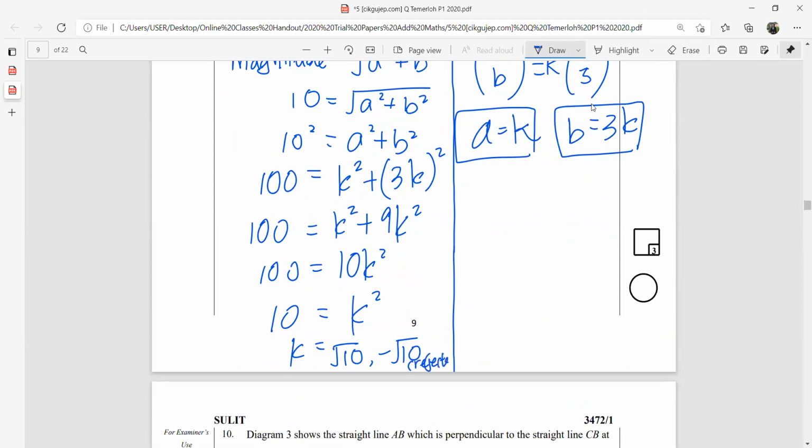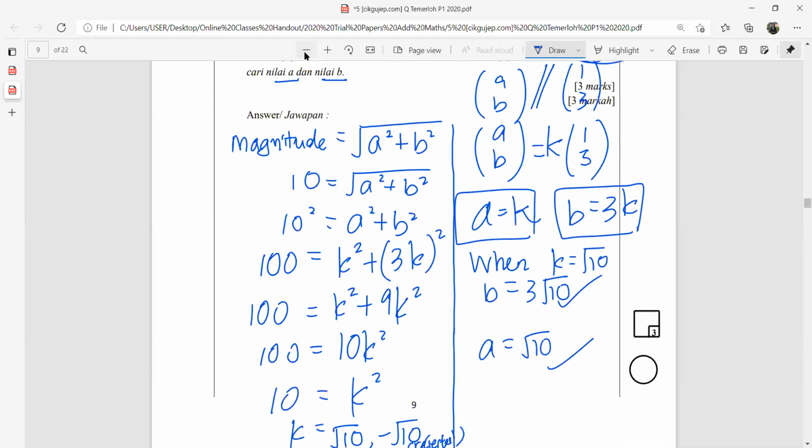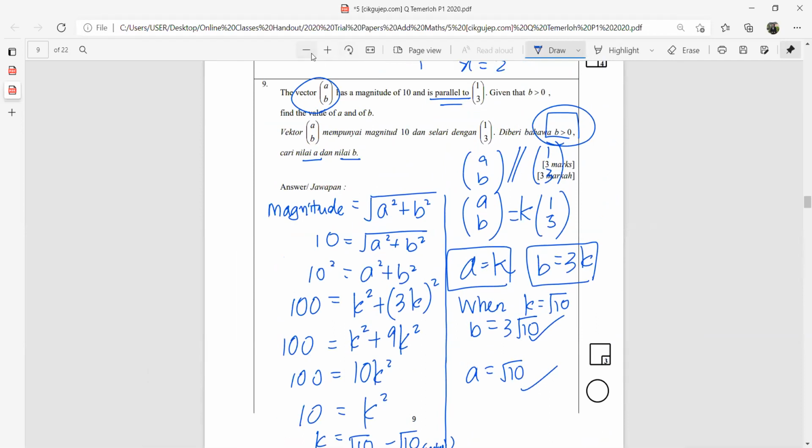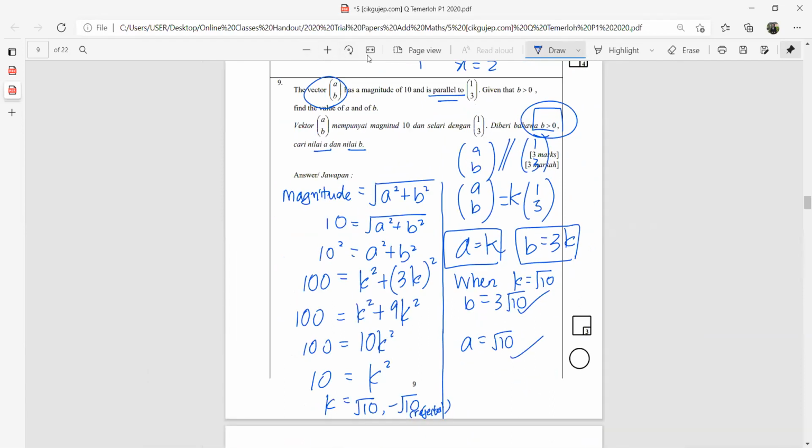Negative. So when K equals square root of 10, B is 3 times K, which is 3 square root of 10, and A equals square root of 10. Both are positive, more than 0, so you reject the negative value. You have to show that you rejected this value and get the answer. So far, Jelly got the answer. Wow, very good. Well done.